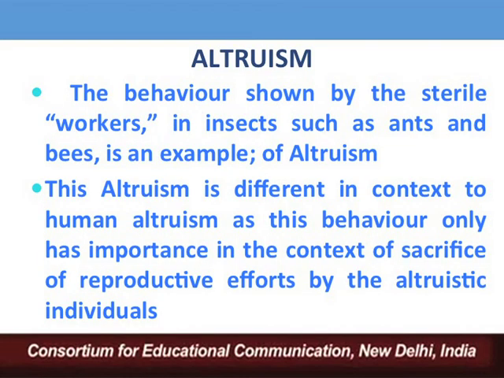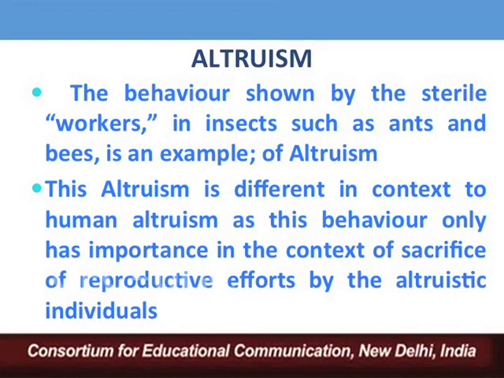Now this particular aspect of altruism is different from altruism which we talk in context of humans, because when we talk of an altruistic human, usually we talk of a philanthropist or a millionaire or billionaire or any person who helps the needy ones, in terms of money or in terms of effort or kind or anything else. So basically that person is helping other individuals who are not closely related to him or her.